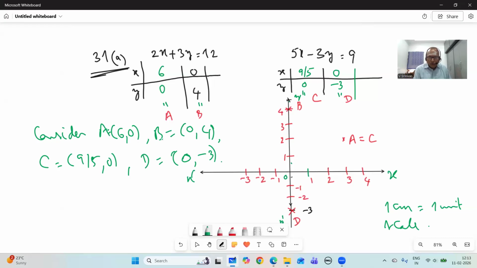Okay, now x coordinate is 6 comma 0. Where is this 6 comma 0? Somewhere here. So let me extend this line, this x-axis.